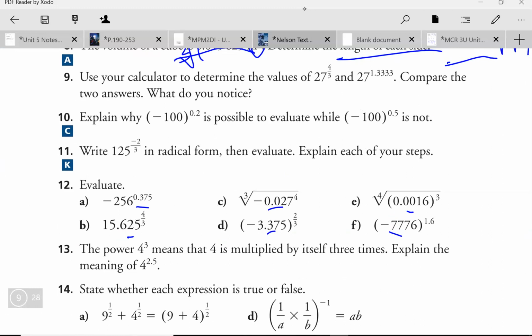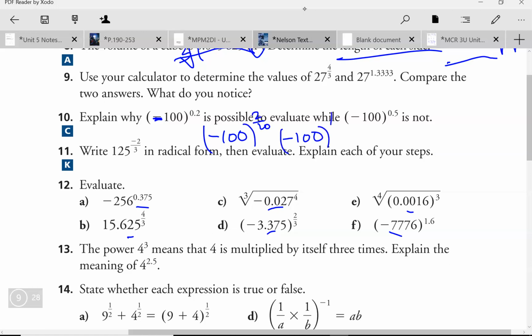Explain why negative 100 to the power. Again, here, very simple idea that the negative is part of the base. So this is actually negative 100 to the power of 2 over 10, which is negative 100 to the power of 1 over 5, and this is technically the fifth root of negative 100. And although this is going to be a weird decimal number, it does exist because you can take the odd roots of negative numbers.